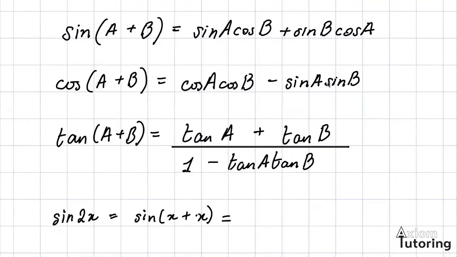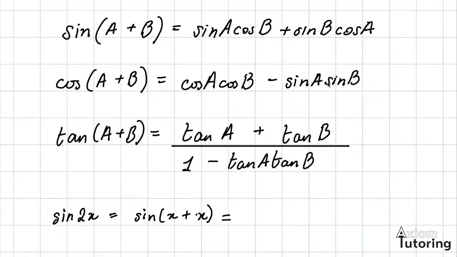In which case, we can continue writing this, referring to the compound formula, and we can write sine a cos b as sine x cos x. Plus, we do the same thing for the second term, sine b cos a becomes sine x cos x.